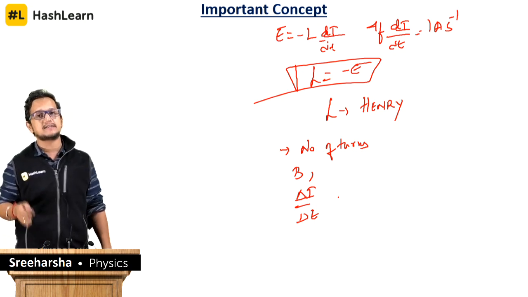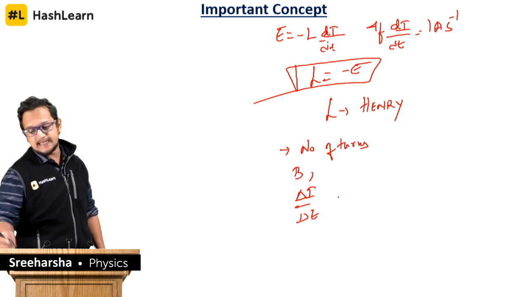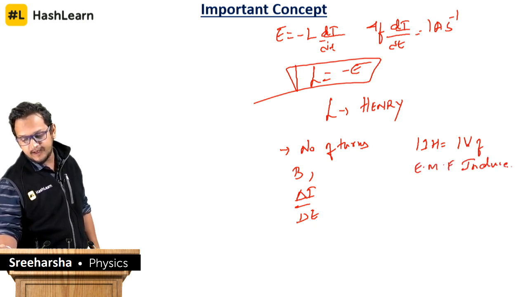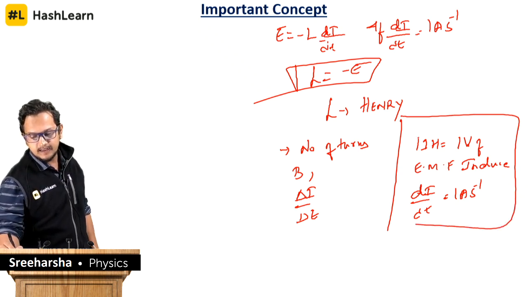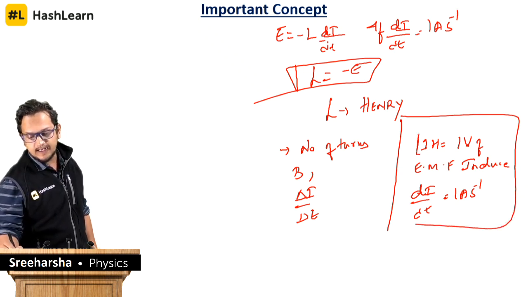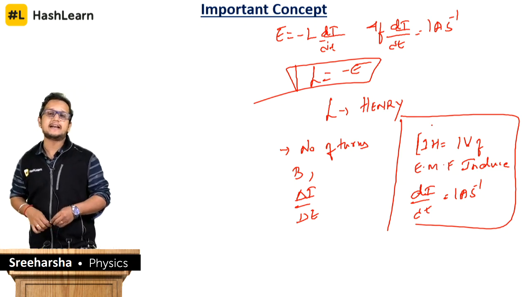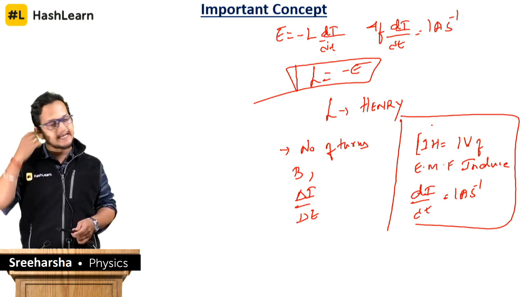So these are the factors on which the self-inductance depends. The self-inductance is said to be 1 Henry if 1 volt of EMF is induced when the rate of change of current is 1 ampere per second.